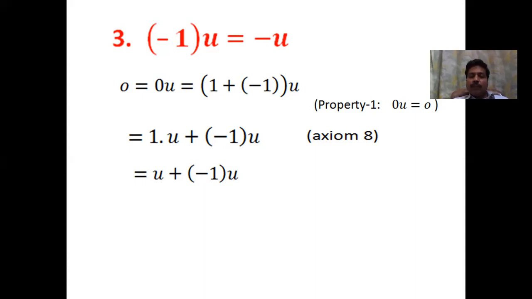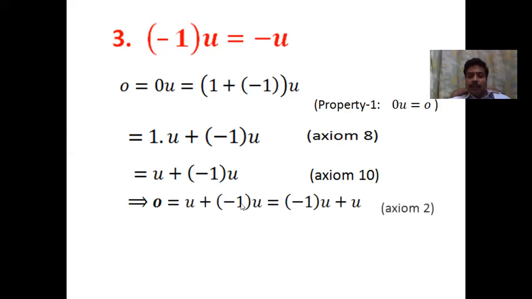So from the 10th property, it is u, and minus 1 times u is carried as this. So now O is equal to u plus minus 1u. We already have the commutative property. With that, we can interchange these two. So I can write it as minus 1 times u plus u, from our axiom number 2.